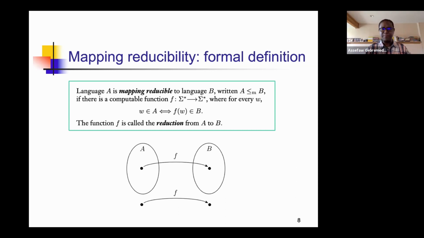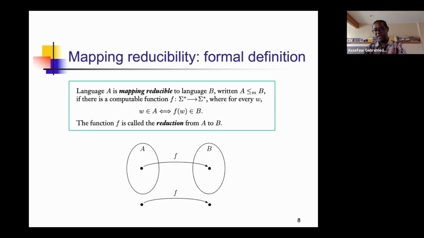We have a language A, we call it mapping reducible to a language B, just like what we have called so far, that we were able to reduce one problem to another one. We will start with a language A and reduce it to language B using a particular kind of reduction. That reduction has a notation in the book, and that notation is less than or equal to with an M, and the M there is for mapping.